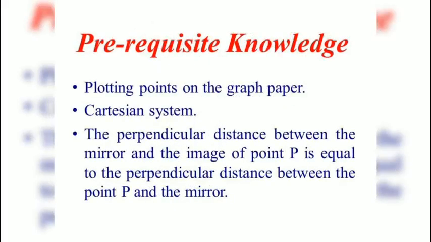Prerequisite knowledge: plotting points on the graph paper, the Cartesian system, and that the perpendicular distance between the mirror and the image of point P is equal to the perpendicular distance between the point P and the mirror.